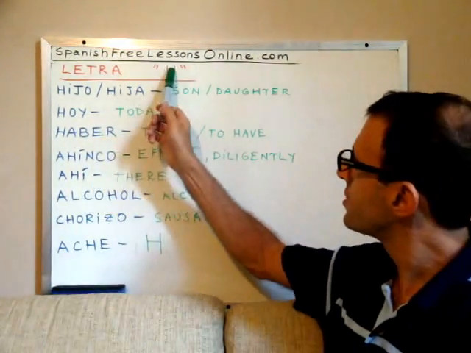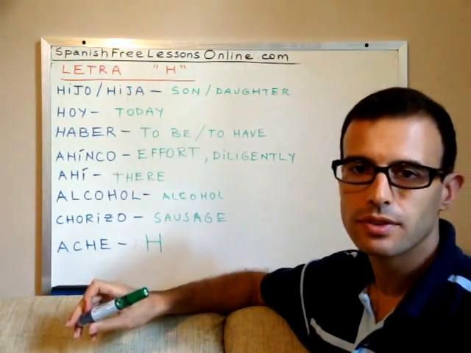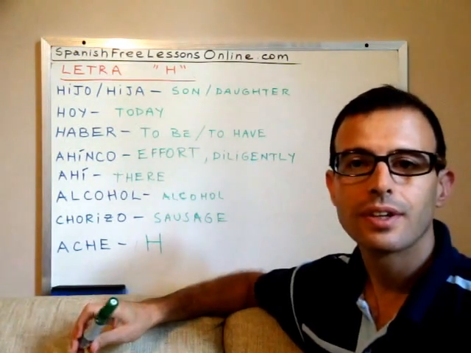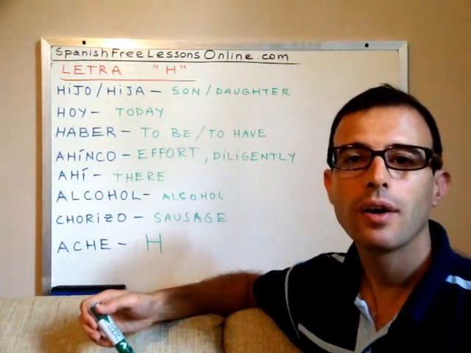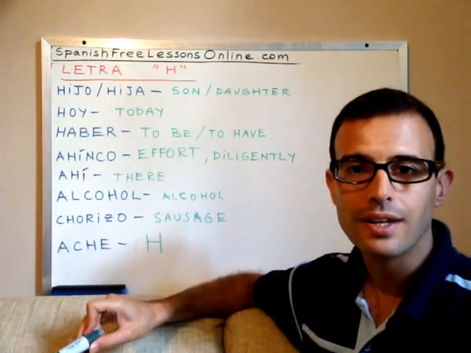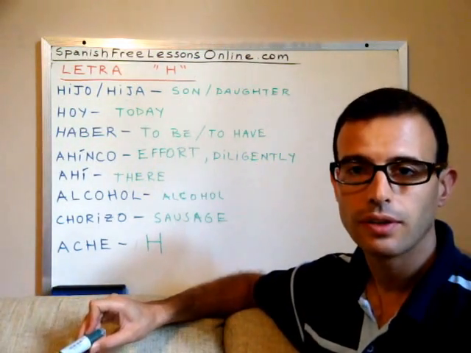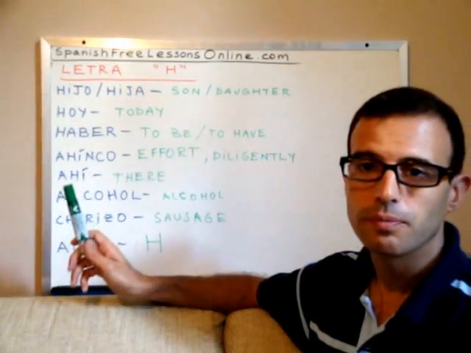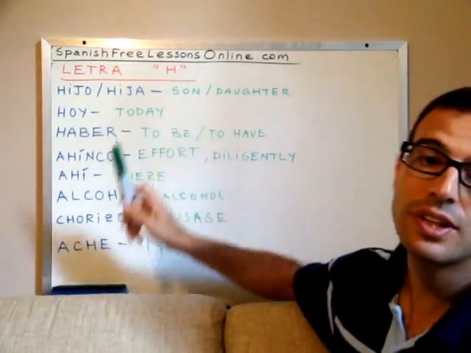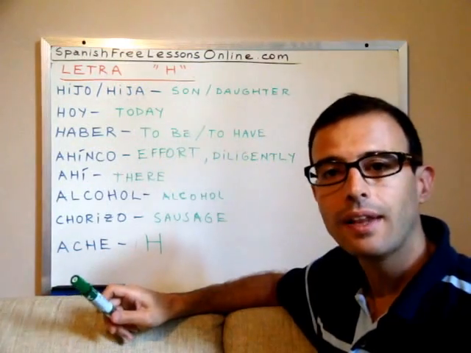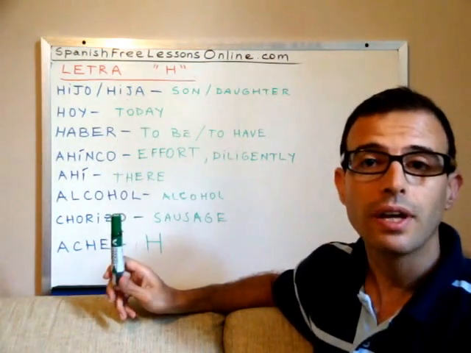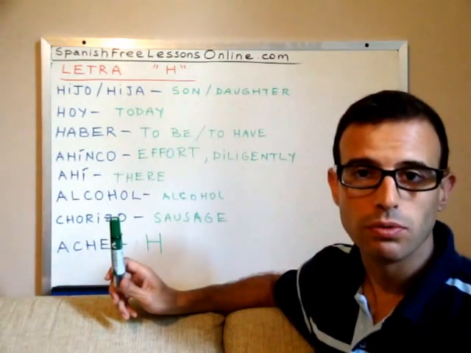The letter H, or hache in Spanish, has two pronunciations, the same as in English. In English you have the exhalation, right? And also the CH, that is ch, right? In Spanish also we have the ch when the H is preceded by the C, and then we have the H by itself, which is totally mute.